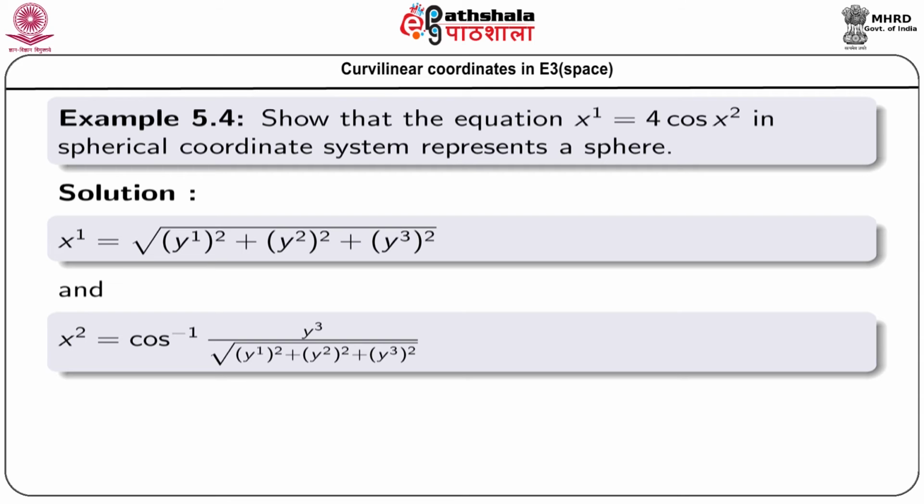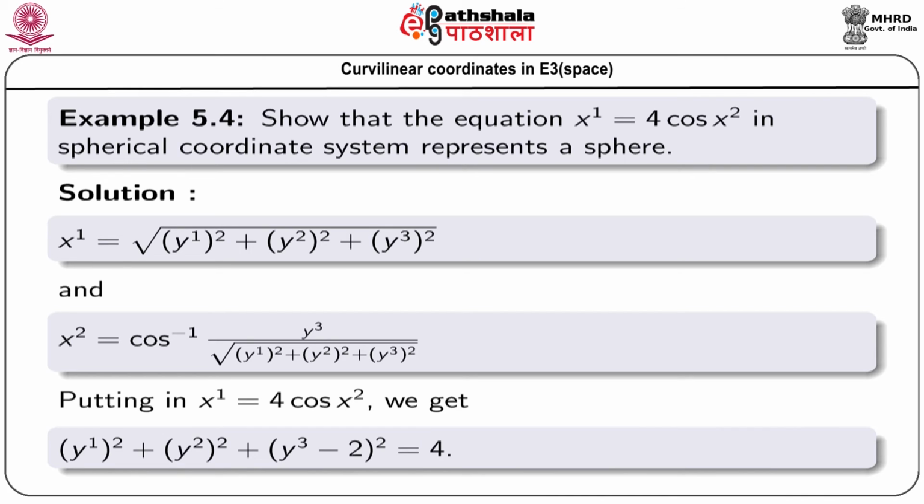And so, if we put x1 equals 4 cos x2, the values obtained above, and simplify, we get y1 square plus y2 square plus (y3 minus 2) whole square equal to 4, which is a sphere in Cartesian coordinate system.